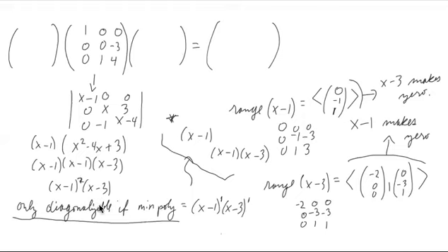Now this will only be diagonalizable if the minimal polynomial doesn't have any square factors in it. If it looks something like this.